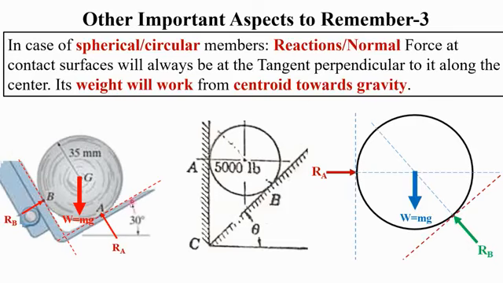It is also this is tangent, this perpendicular to the tangent towards the center. If you come here also, the same thing will happen. As I have shown separately, this force will work, its weight Wmg will work from the center, and its reaction will be perpendicular to the tangent towards the center.